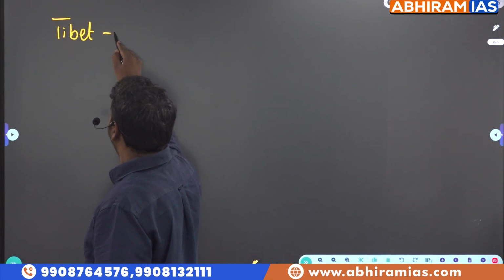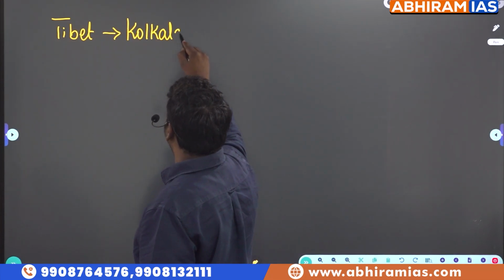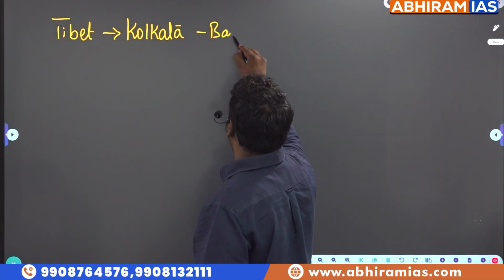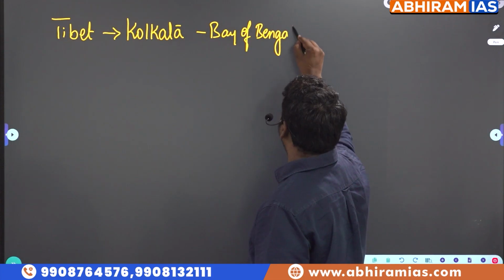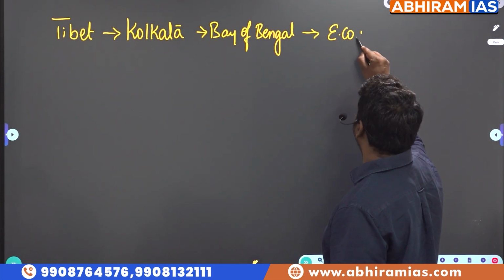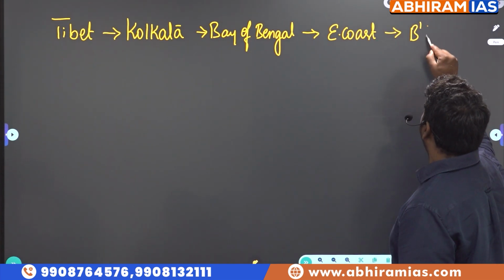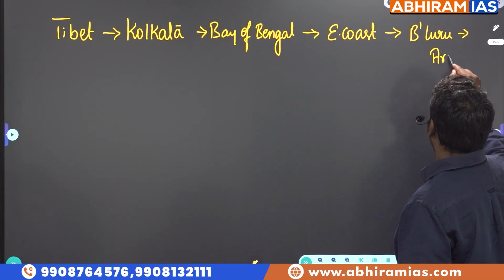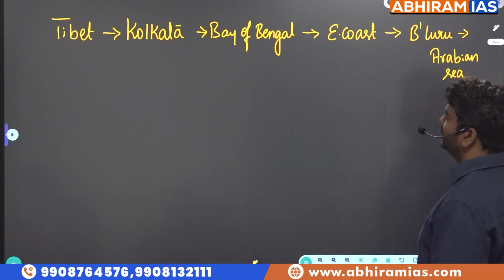From Tibet, it goes to Kolkata. From Kolkata to Bay of Bengal. From Bay of Bengal to East Coast, Bengaluru, Arabian Sea.